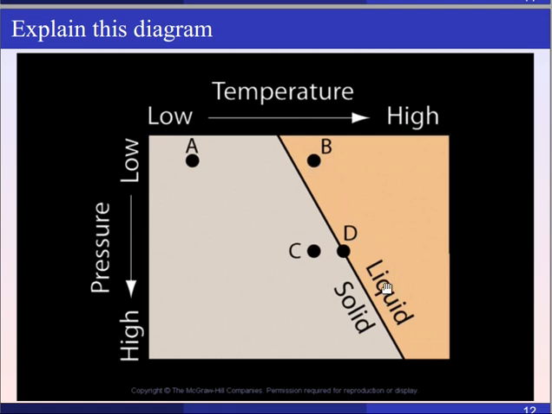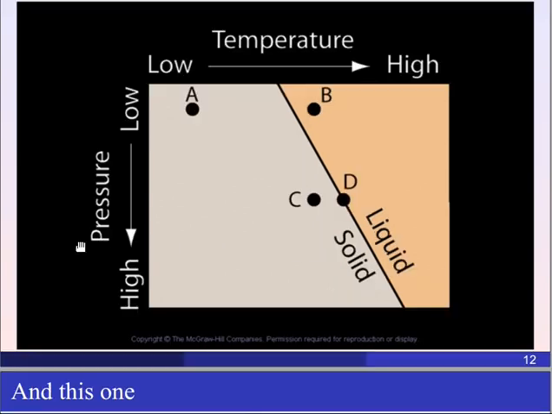This line tells us we're on the liquid side. It melts. But if we go with the same temperature down deeper, higher pressure, we're on the solid side. So we can get, for the same temperature, either a liquid or a solid, depending on the combination of temperature and pressure, not just one of those two.